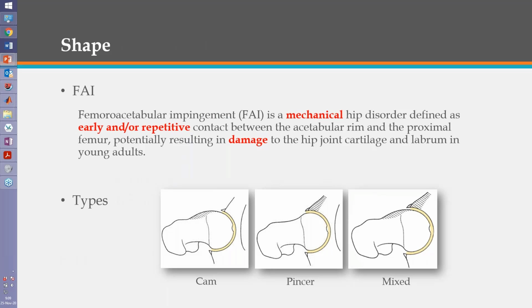And this is a mechanical hip disorder, which can be defined by the fact that it has an early and repetitive contact between the acetabular rim and the proximal femur, which ultimately gives rise to hip joint cartilage and labral lesions. And it's mainly a problem in young adults. In the later stages of life, it's simply called hip osteoarthritis.